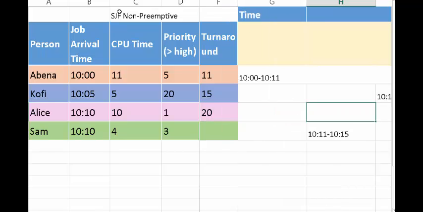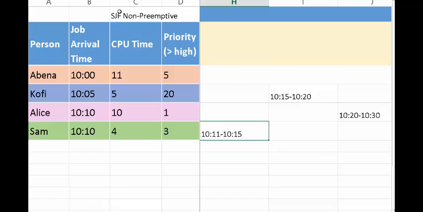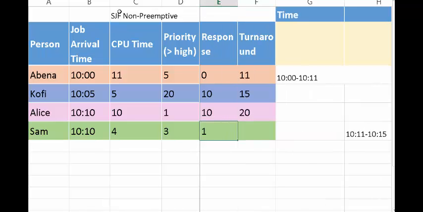And Sam came in at 10, sorry, he finished at 15 because it was for 4, and so turnaround is 5. So that's the various turnarounds for non-preemptive.